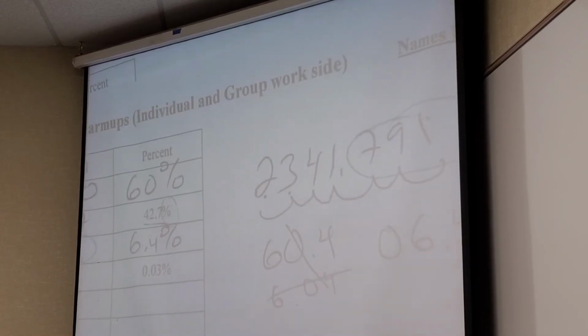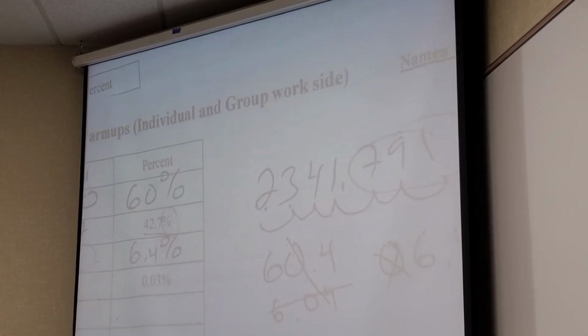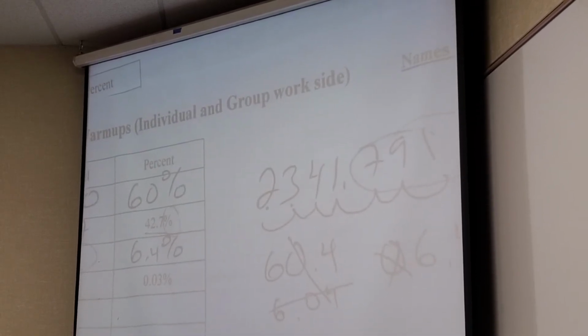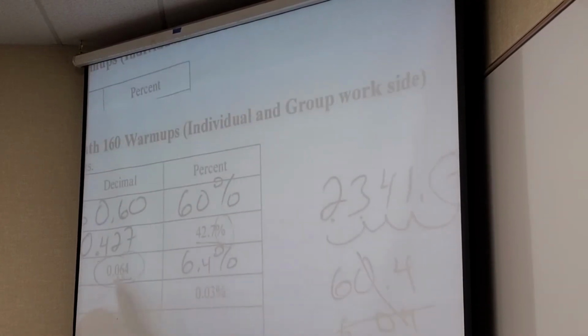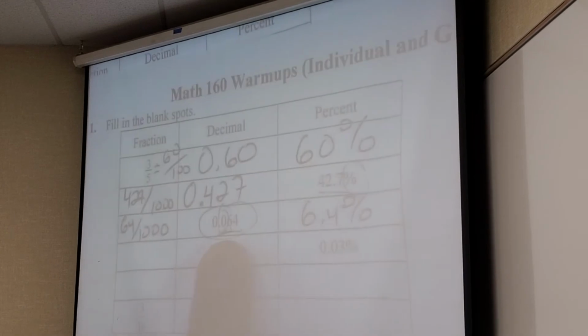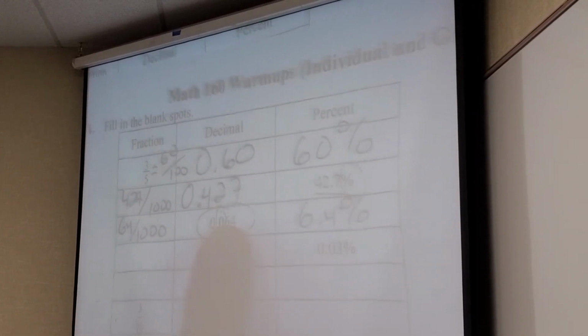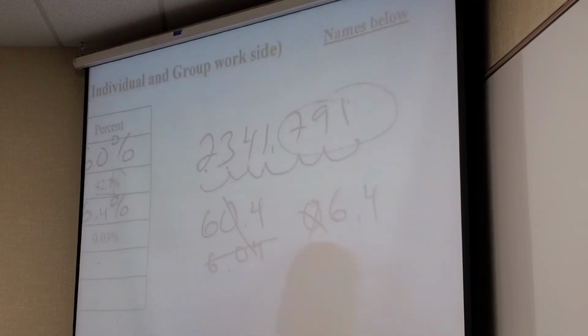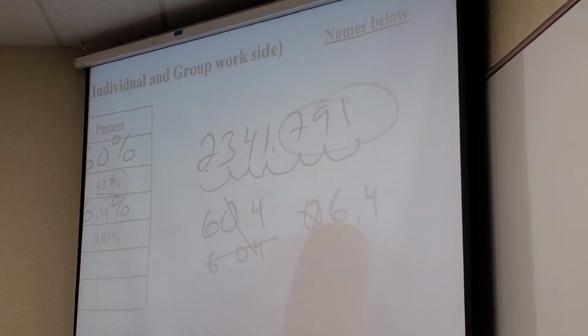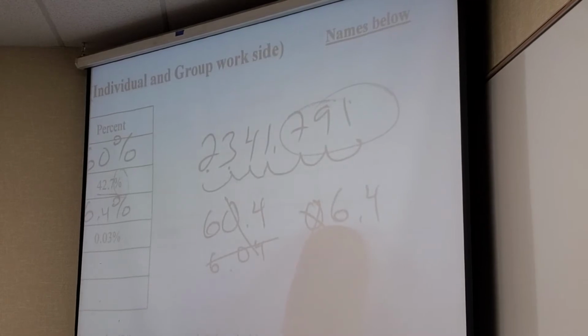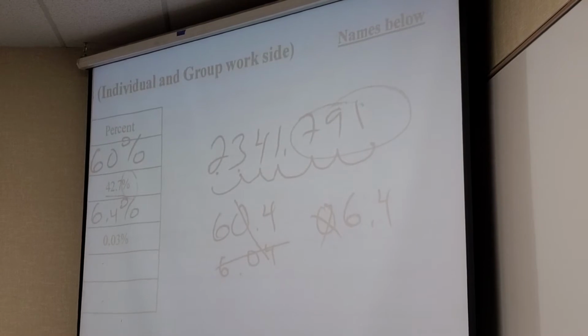Don't. Because that 0 is sort of floating around. It's not just not needed, it actually makes it confusing. Okay. So why is this 0 here needed? To show what place the 6 is in, right? So when I write it like this, I don't need the 0 anymore. I already know the 6 is in the 1's place. Does that make sense? So you don't need that 0 in front of the 6 anymore. So don't write it.